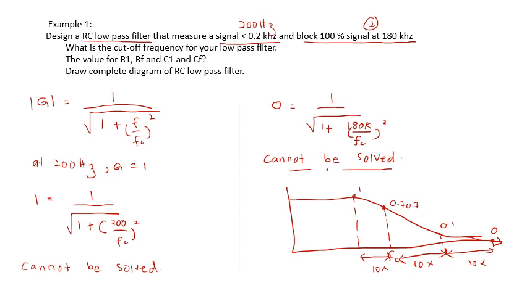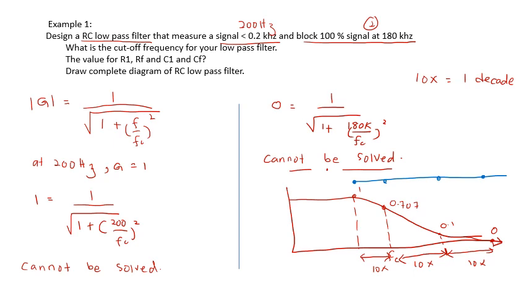So what does 10 times mean? 10 times means 1 decade. I hope you still remember the concept of a decade in a log graph. If we draw a line, this is here, this is here, this is here, and this is here.